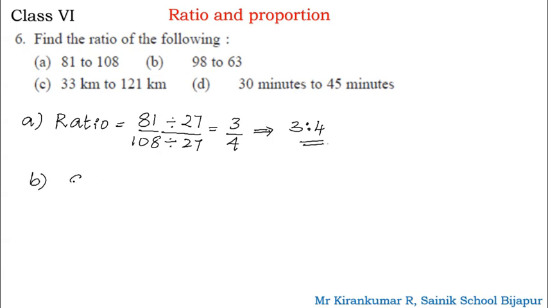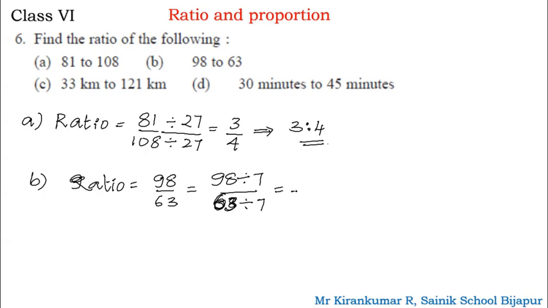Second one, the ratio is 98 by 63. These two numbers are divisible by 7. 63 when you divide by 7, we get 9. 98 when you divide by 7, we get 14.